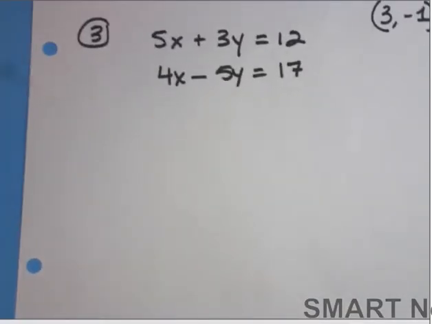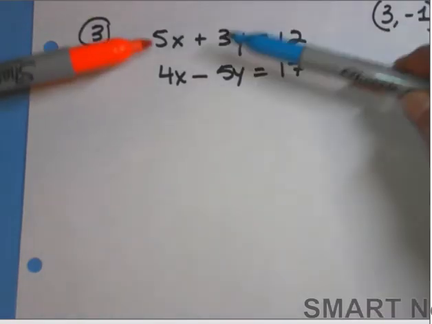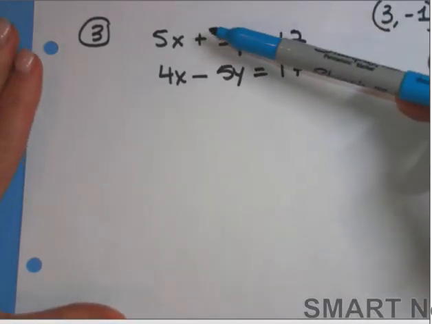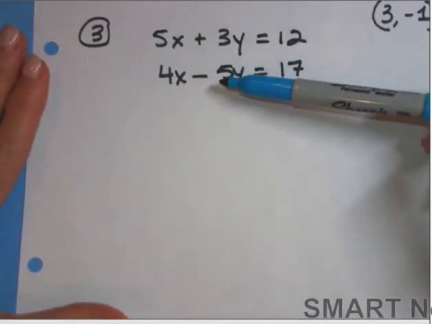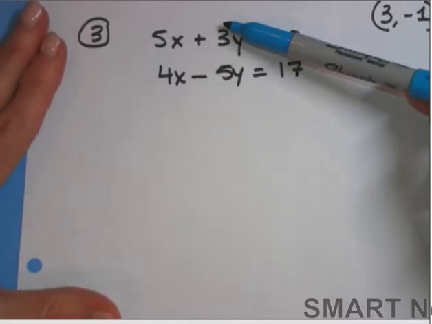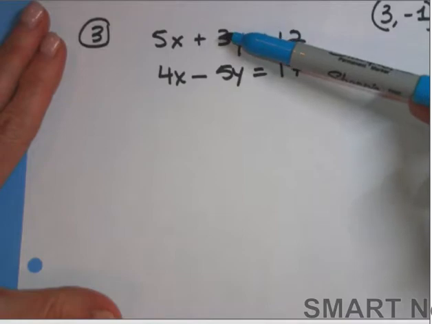So number 3, analyzing number 3, once again, no, you don't have the additive inverse coefficients at the start. So once again, I notice I've got this positive 3y, negative 5y. So I'm going to go ahead and eliminate the y's by making each of them have a factor of 15, positive 15 and negative 15.